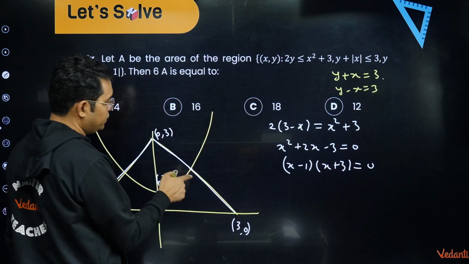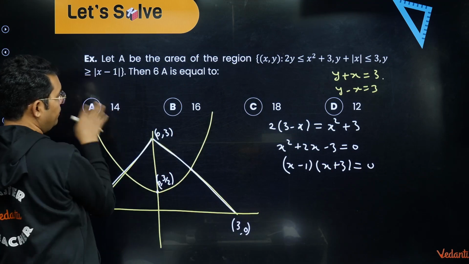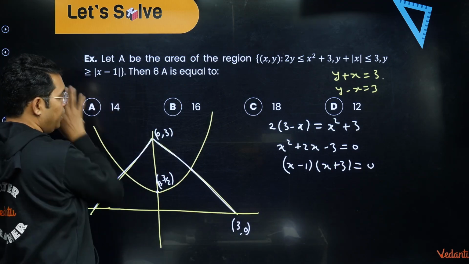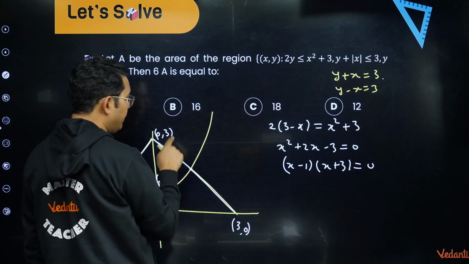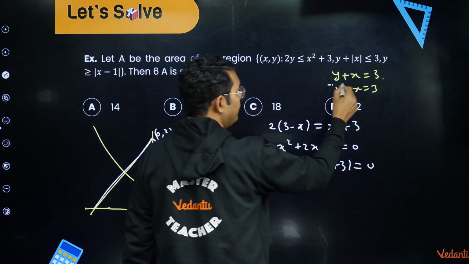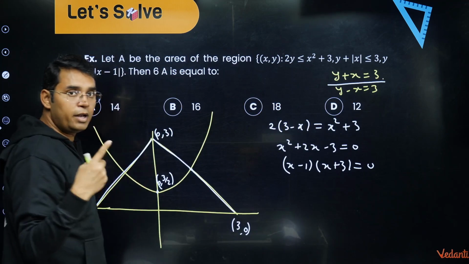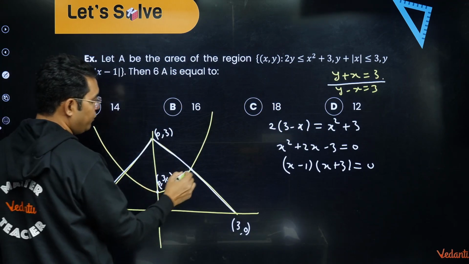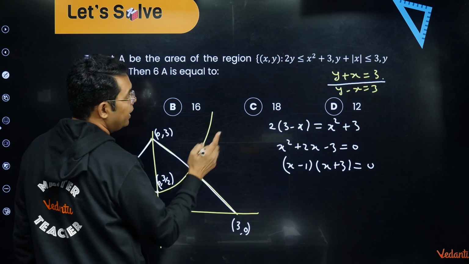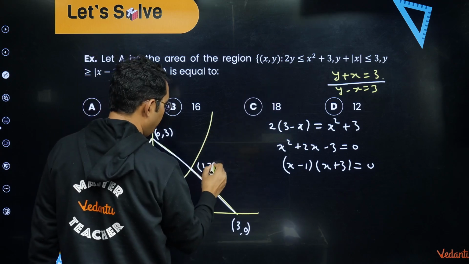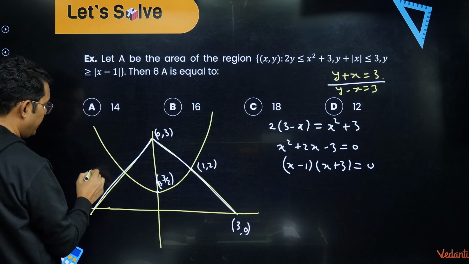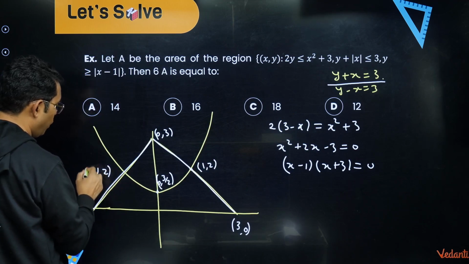This point is x is equal to 1. Actually, the other solution will come as minus 3, but that is not applicable for this line y plus x is equal to 3, because it is only for x being positive. So this point will give you x coordinate as 1, and if x coordinate is 1, y coordinate will be 2. From symmetry I can say this will be minus 1 comma 2.